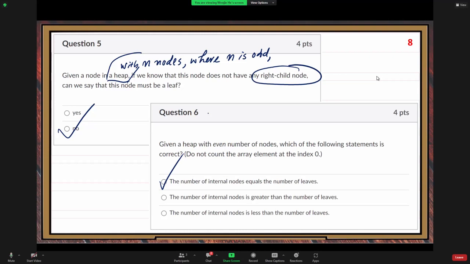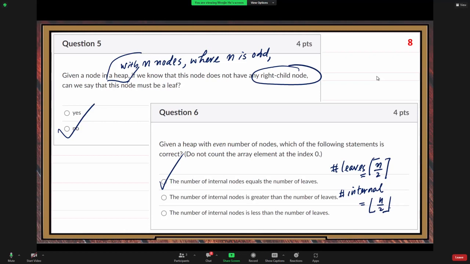But if you answer the question, we have the original formula, right? Remember the original formula, number of leaves. This is the number of leaves. Number of internal nodes.